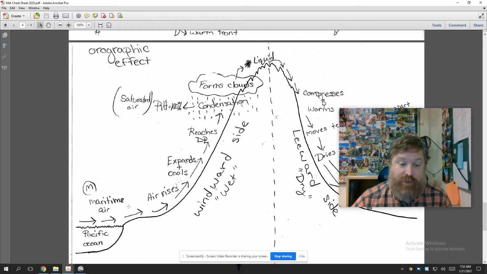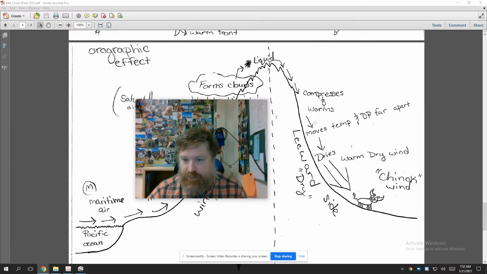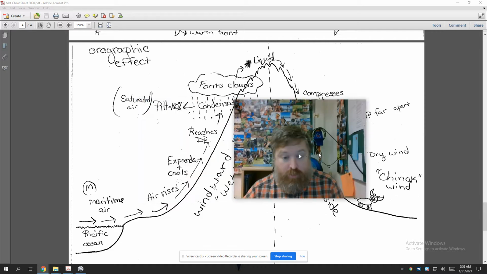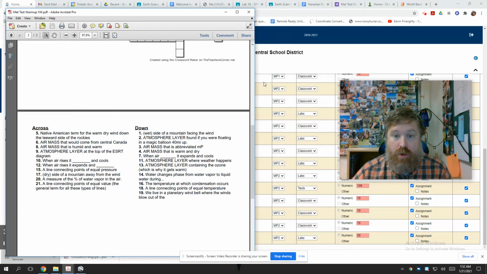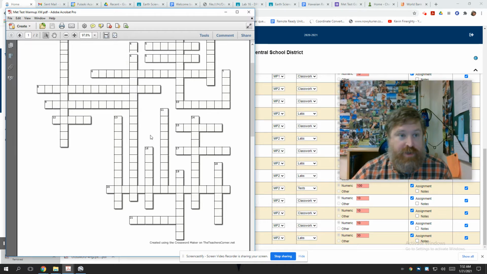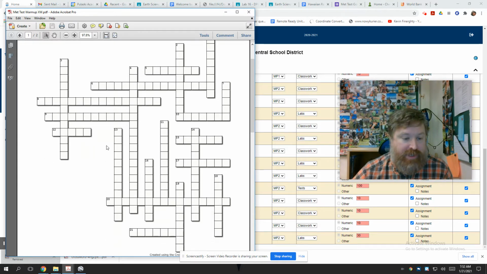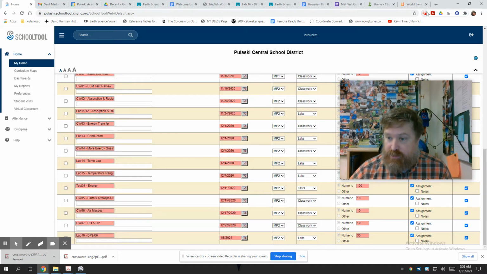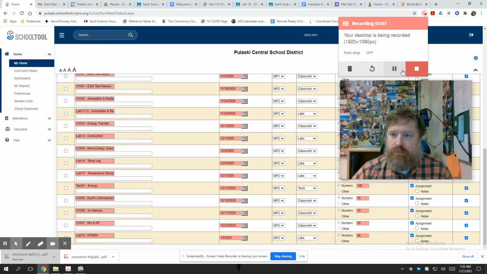But that idea is pretty critical to how clouds form, because as it expands and cools, it'll eventually cool until it reaches the dew point, which is when we get condensation in clouds and rain and all that jazz. With the opposite happening over here, it compresses and warms and gets warmer and warmer. So that's a cheat sheet. Have it handy, print it if you have the ability, or just have it open in a tab, and that'll be great.